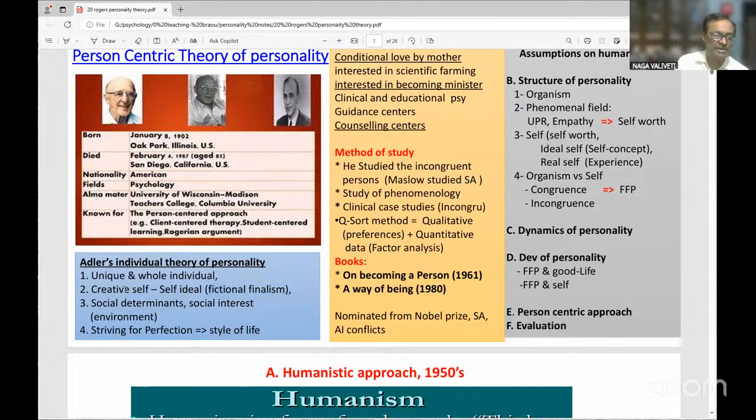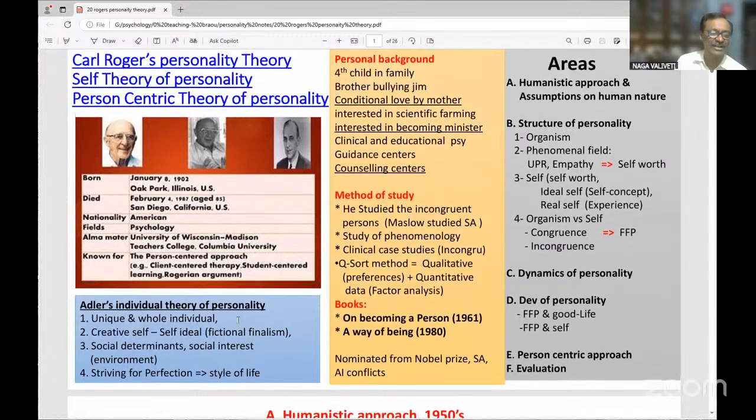This is created by the creative self, and your lifestyle or style of life plans to achieve that with the help of integrating social and personal goal achievement. Satisfying them. This is what influenced him more.